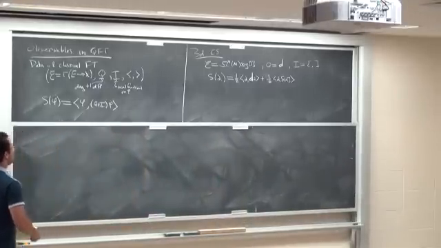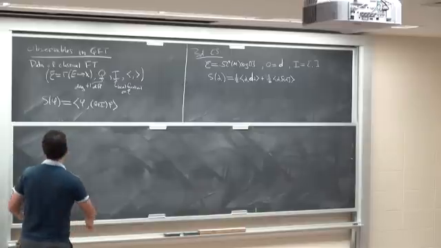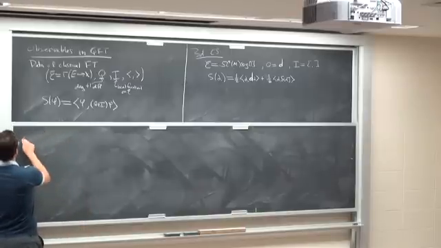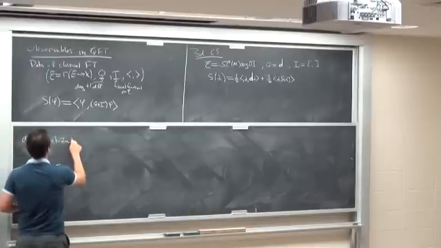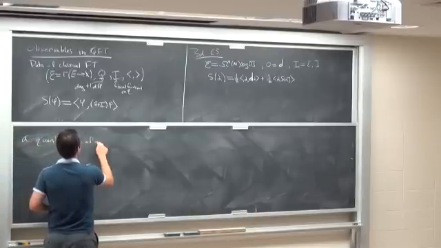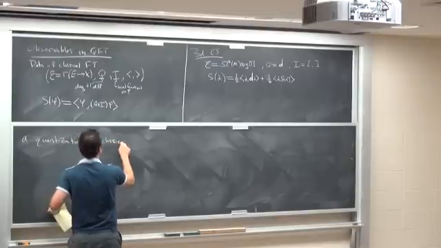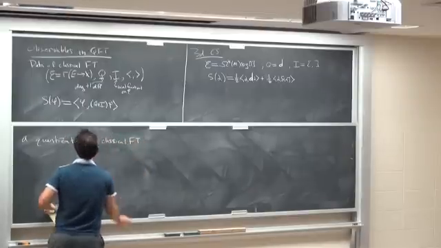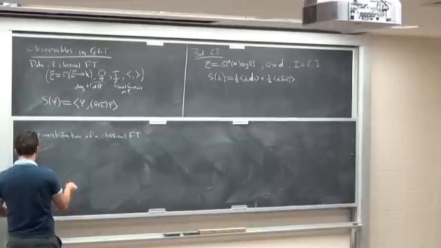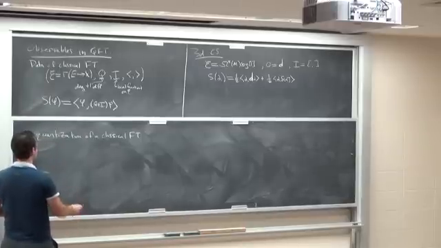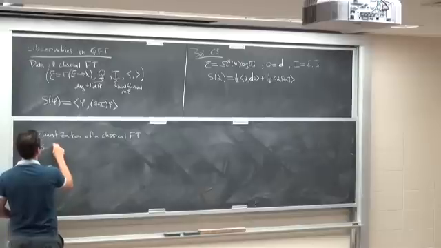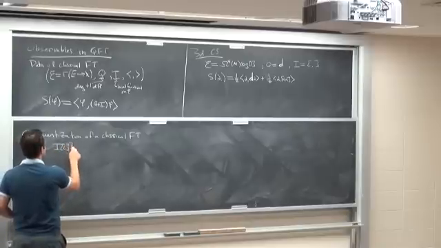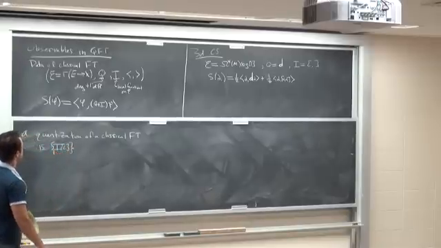So let me say what a quantization of a classical field theory is. So what does this consist of? This is a collection of interaction terms.